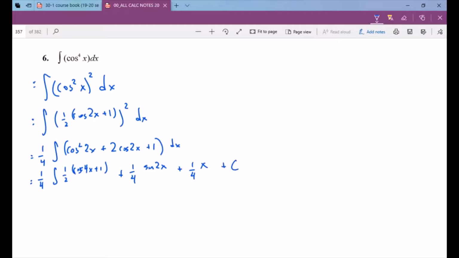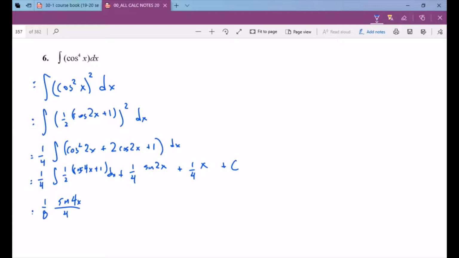So we've found the integral of some of those terms. This term we haven't done yet, so we do need a dx in there still. But this is now 1/8 times the integral of cos 4x, which is sine 4x over 4.